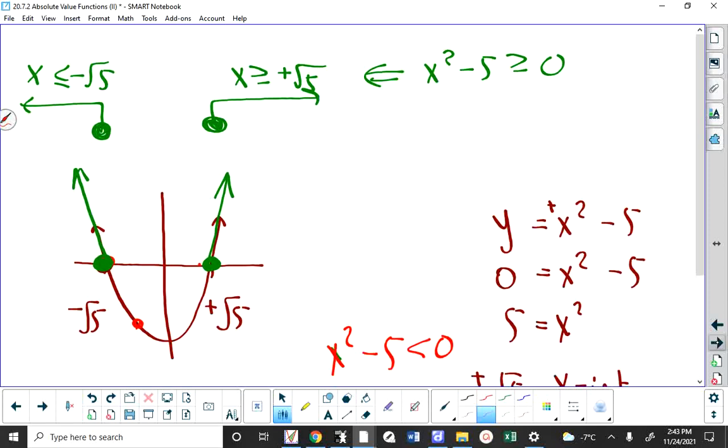Well, it's not less than 0 here, and it's not less than 0 here, but it's less than 0 everywhere in between. And don't forget, if it's less than 0, we're going to take x squared minus 5 and multiply it by negative 1. Well, that's just going to flip it up. It's going to reverse that parabola.